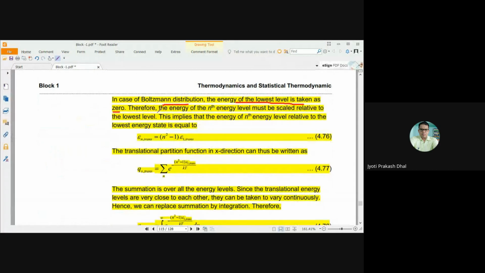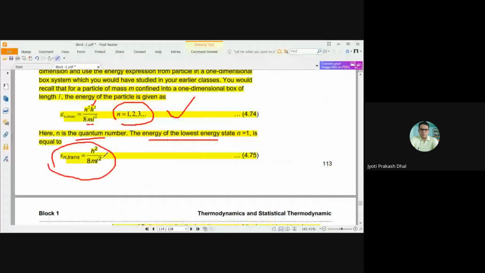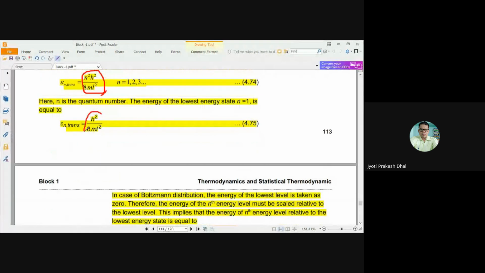Therefore, the energy of the nth energy level must be scaled relative to the lowest energy level. So the energy of the nth energy level is n square h square divided by 8 m L square, and this is the energy of the lowest energy level, h square by 8 m L square.